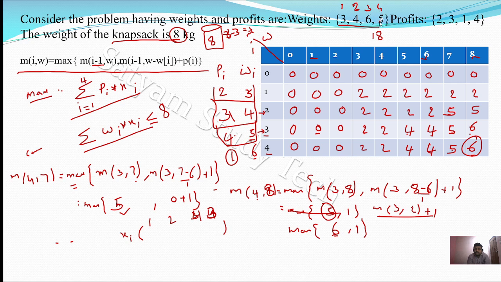Here you can consider the fifth one first, next the last one, okay. So you get the profit 6 because of this object, the fifth.